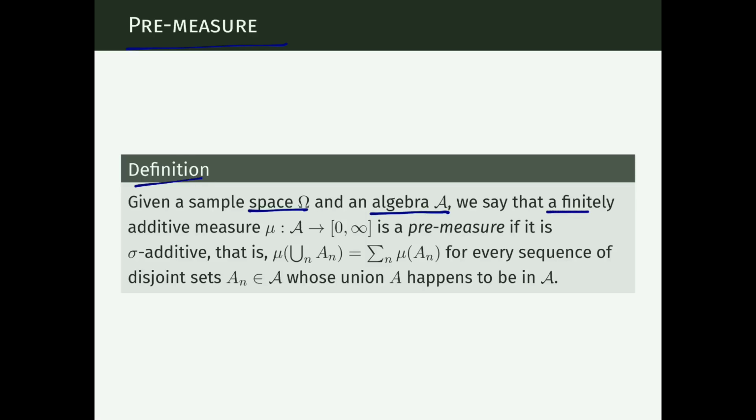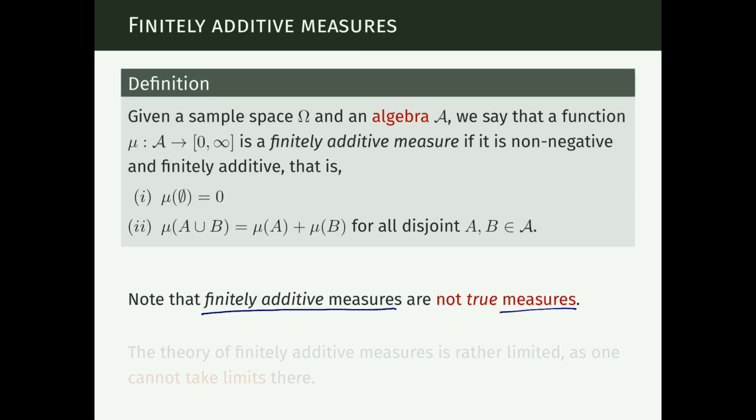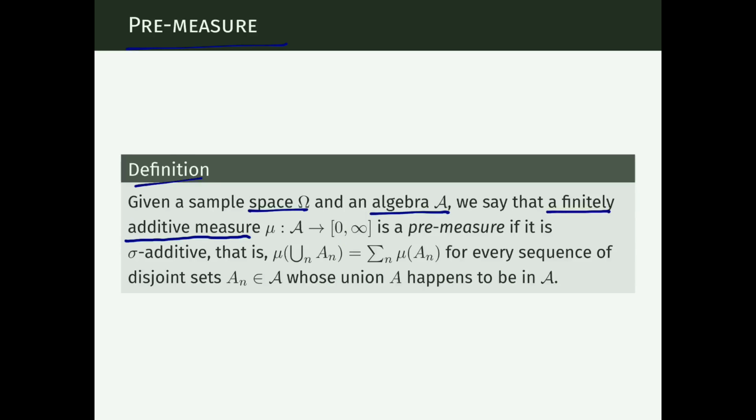It is a finitely additive measure, which we have already defined in the first part of this video lecture. A finitely additive measure is a measure satisfying these two conditions. And we'll call it a pre-measure if moreover it satisfies one very mild condition, which is asking it to be sigma additive.